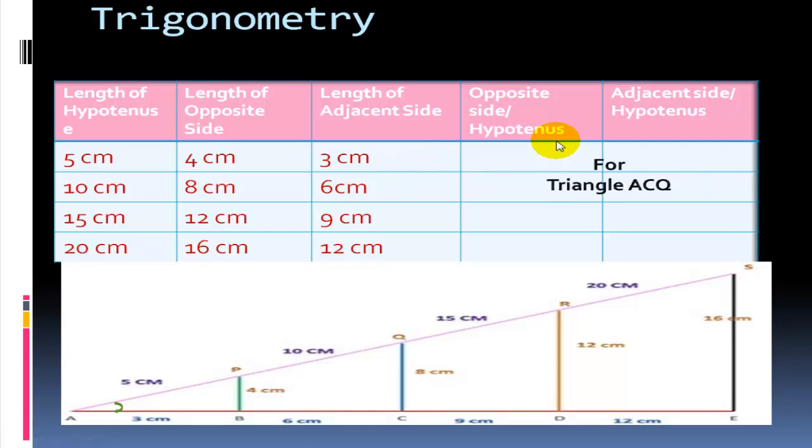And for the triangle ACQ, hypotenuse is 10, opposite side is 8, adjacent side is 6 centimeters. For the triangle ADR, 15, 12, 9. And for the triangle AES, 20, 16, 12 centimeters respectively.